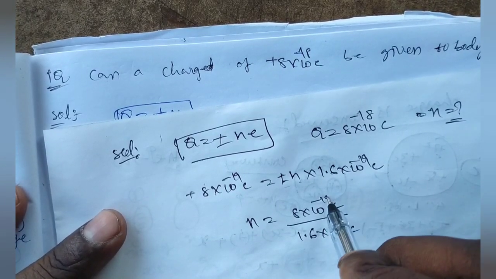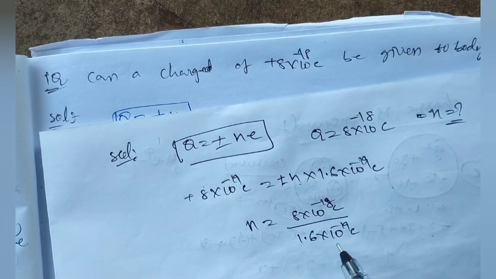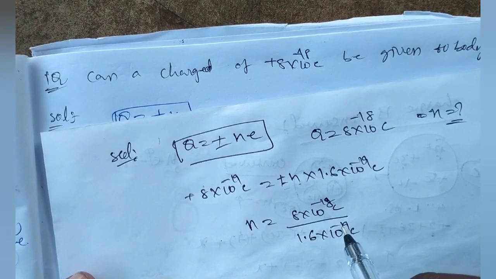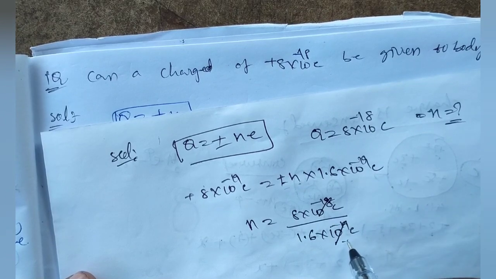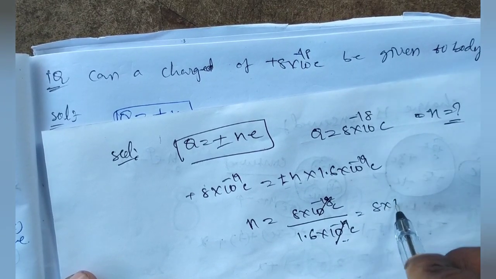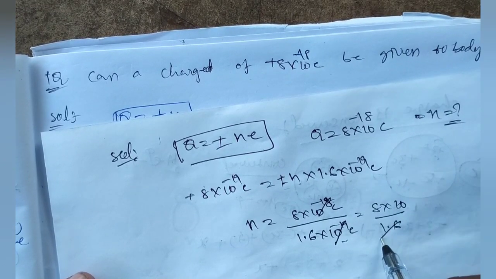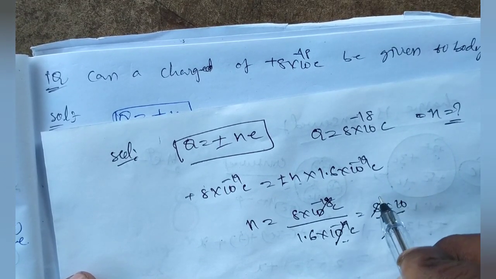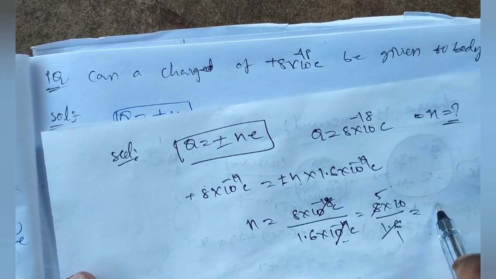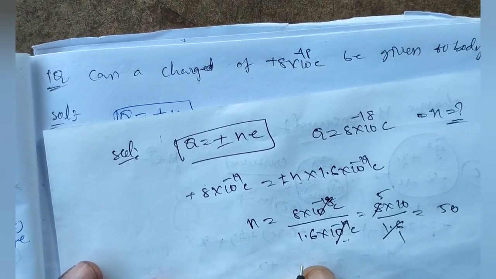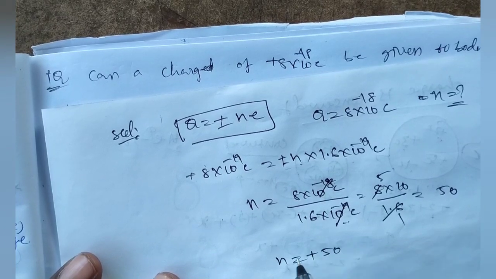Here the powers differ by 1, so it is 8 into 10 by 1.6. 1.6 times 5 is 8, so 5 into 10 is 50. We get N is equal to plus 50.